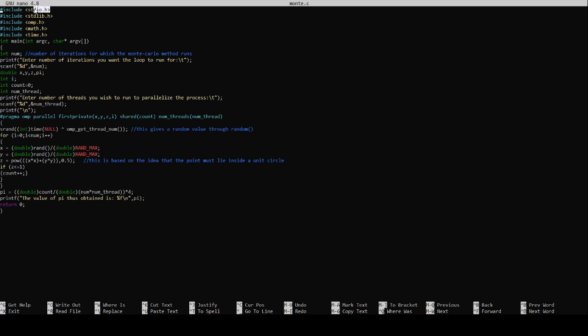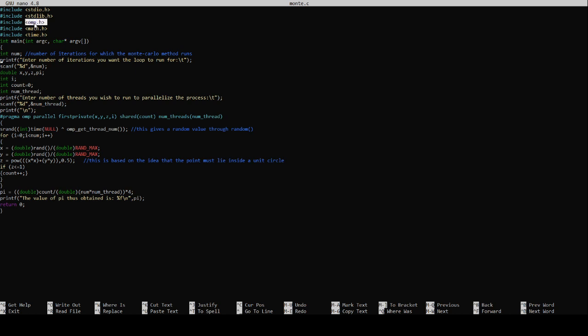So of course we begin the C code by including the basic header files. The header files stdio.h and stdlib.h are important for any C file because they contain functions like scanf and printf, right?